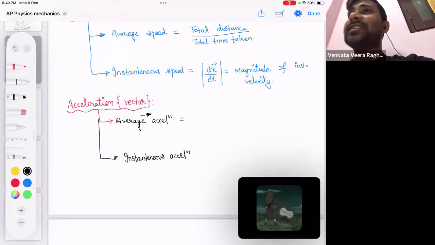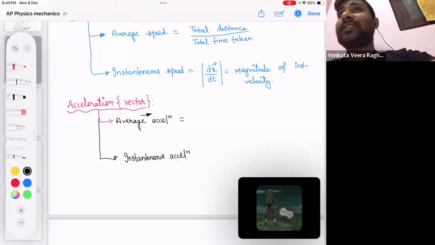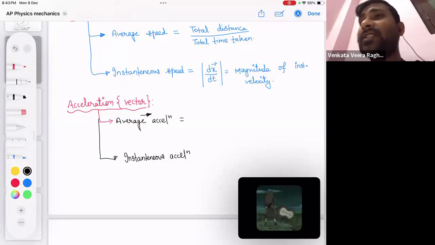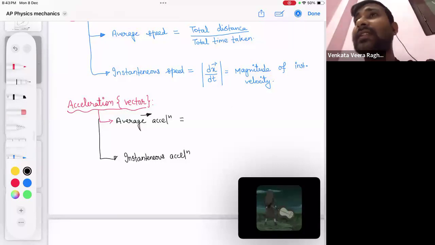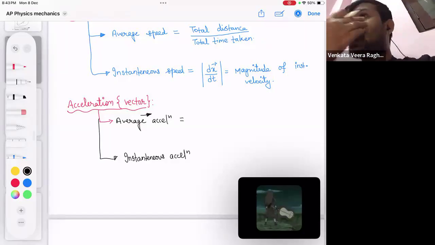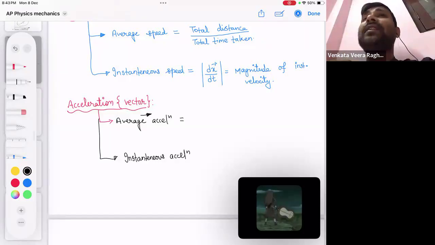Let me just change the direction, isn't it? Because I want to change the velocity. I did not change the magnitude. I just changed the direction of the velocity. I changed the path in which it was moving. It is still a change in velocity, isn't it? So that means what acceleration does, it changes the velocity.